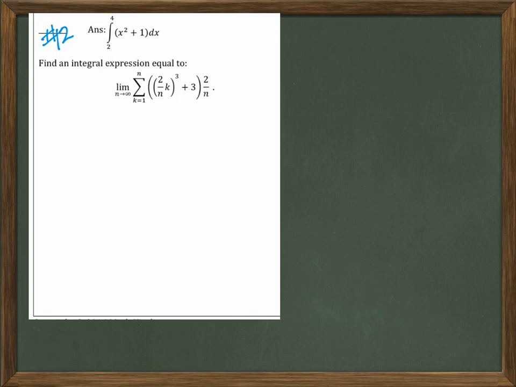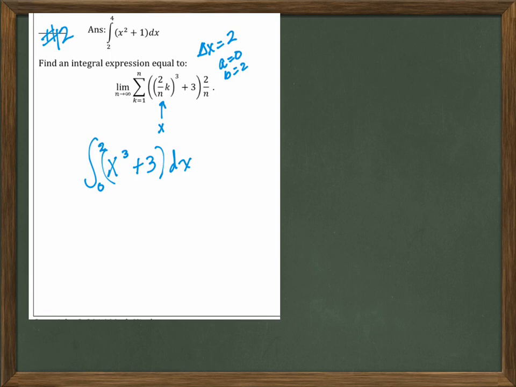So number 12 wants us to write an integral expression. Delta x is equal to 2 over n. This is our x term right here. So there's no a, so a equals 0, so b is 2. So we're going from 0 to 2 of x cubed plus 3 dx.